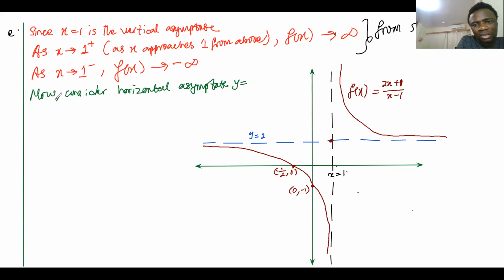Now, this is just for the explanation. You don't need to write that in the book. The only thing I need when you're explaining is this, and the other two. Consider the horizontal asymptote y equals 2. That is what happens as x approaches infinity on both sides.